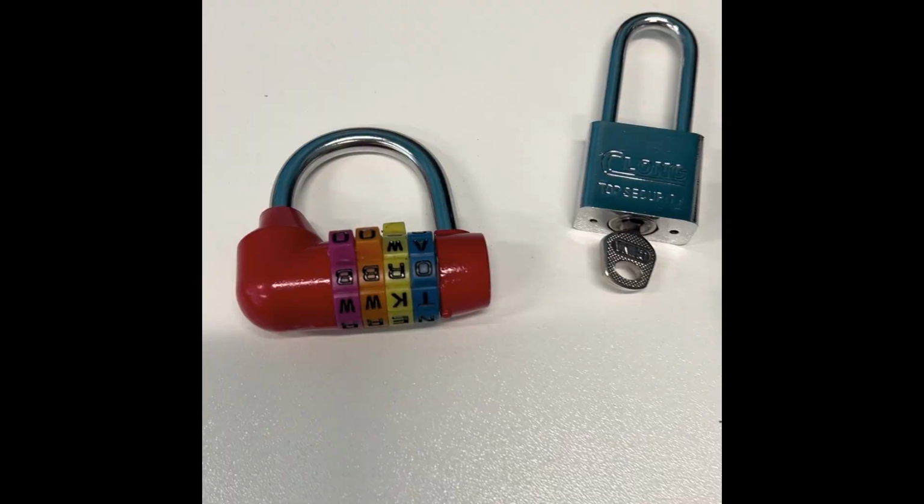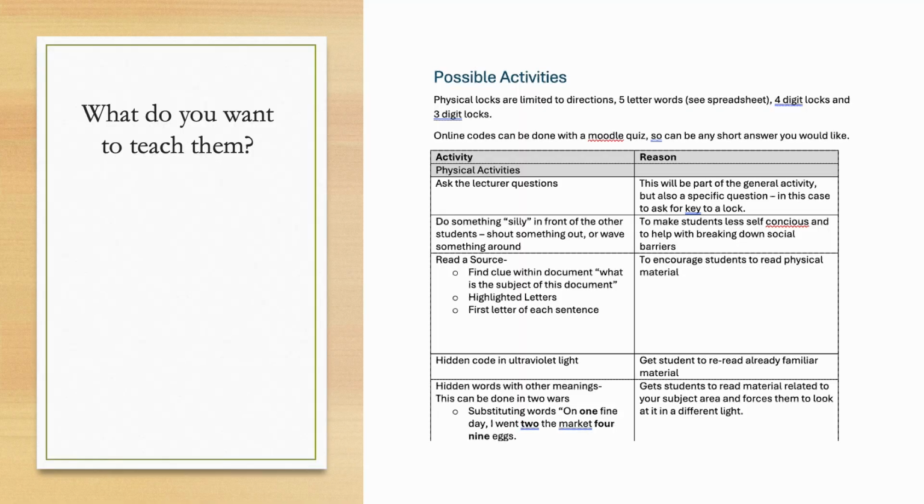Like my activity, if you looked back on my slides, my silly activity. So we had people pretending they were Roman soldiers in front of the class, really just to break down class barriers and to make them communicate with each other. Those are great because if you've got a staff member on hand, they can pass a physical key to people.